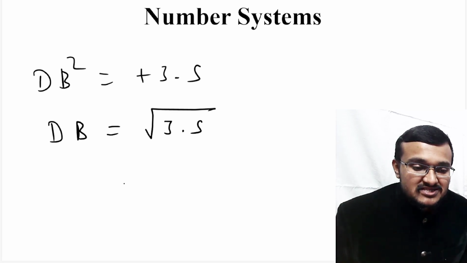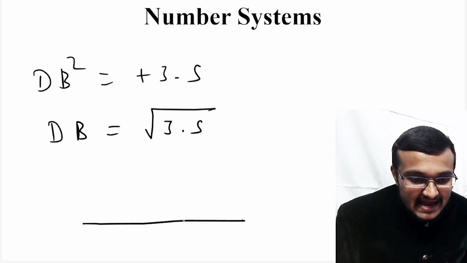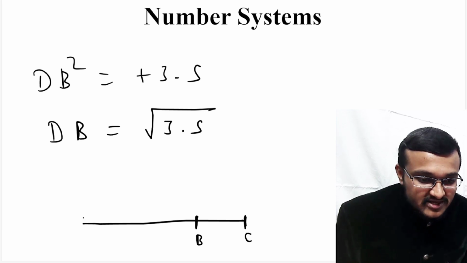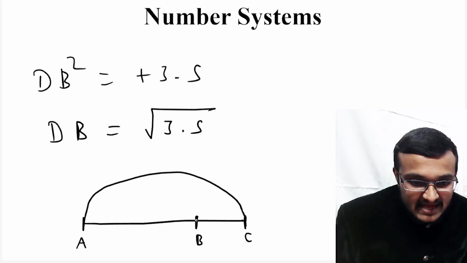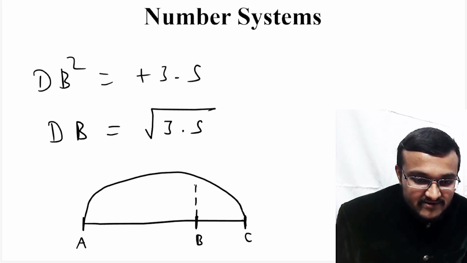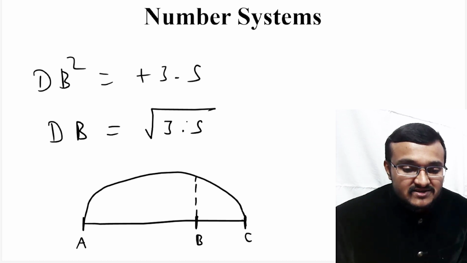Now coming back to the semicircle, here in the semicircle we had this particular position as B and this particular position as C and this particular position as A, and there is a semicircle like this, and we have drawn a perpendicular line from B to the semicircle intersecting the semicircle circumference.